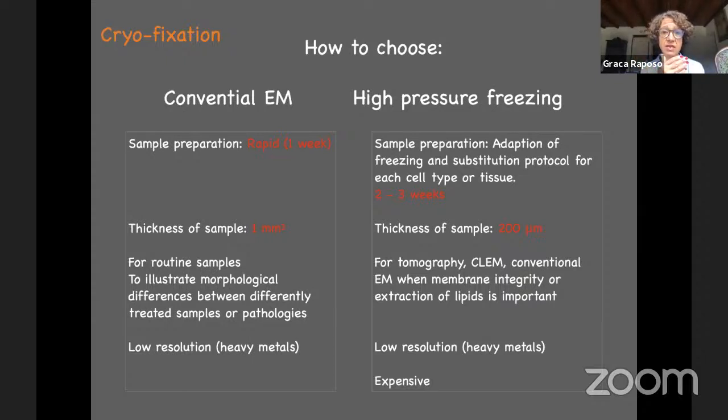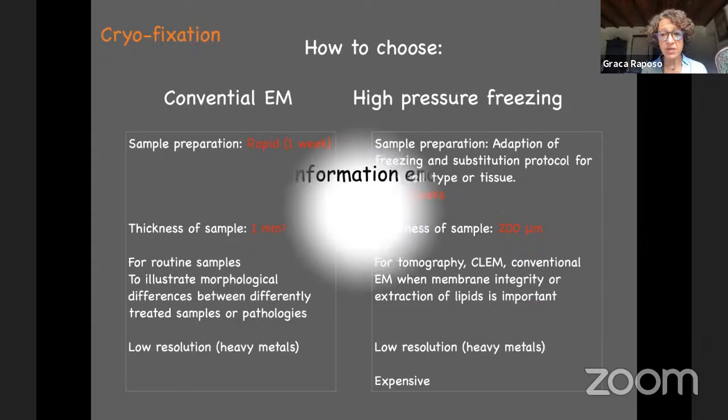And you can see here the differences. It takes more time. Of course, it's more expensive because you need another equipment. But easily, we can have access to these equipments. Sometimes we don't have it in the lab, but we go to other labs, and these types of equipments are generally shared between labs.